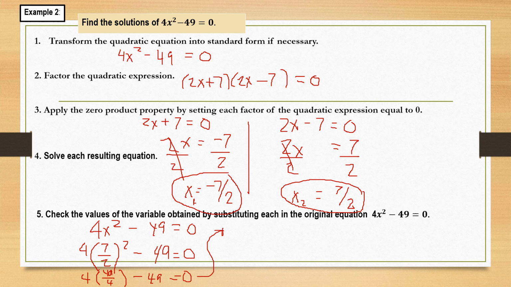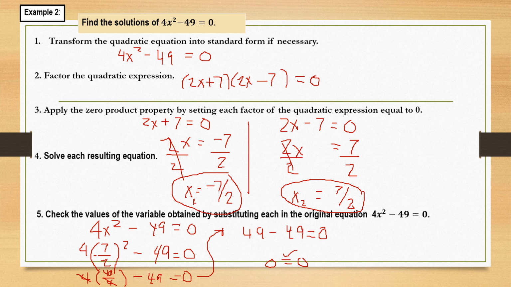So we can simply cancel 4 here. So we have 49 minus 49 is equal to 0. 0 is equal to 0. So it satisfies the given equation. Same will happen to positive 7 over 2.